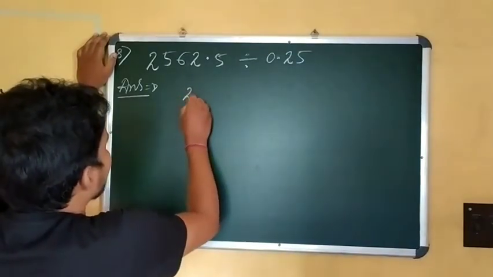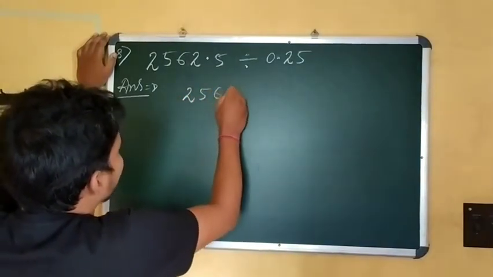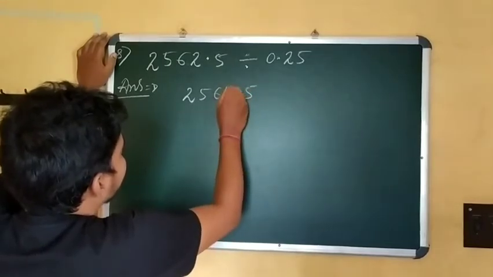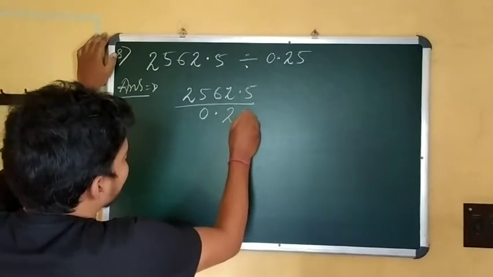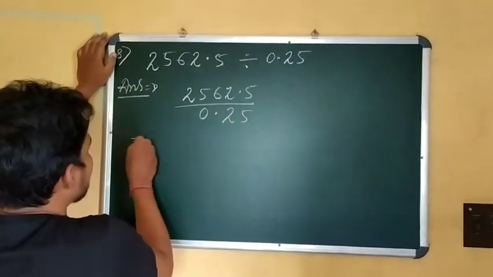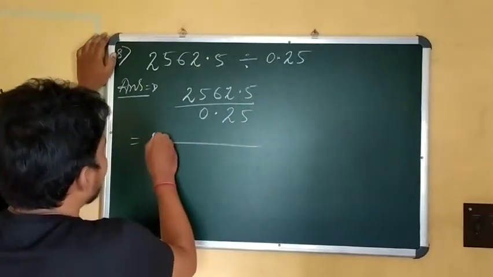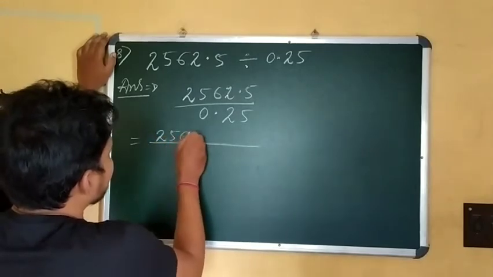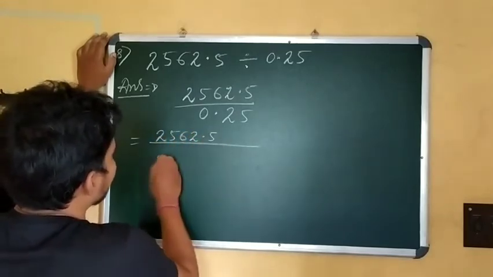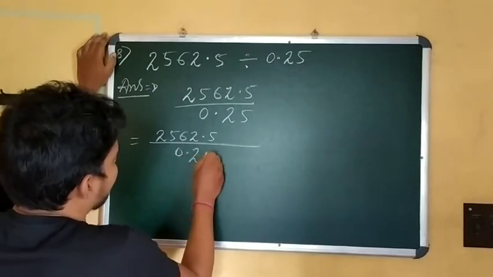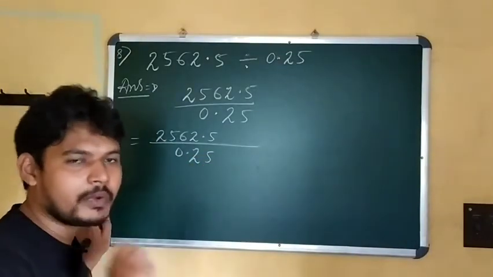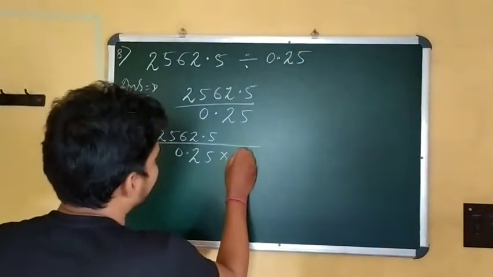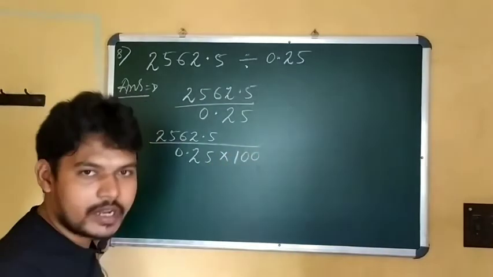So 2562.5 divided by 0.25. Then the second step, write down the same number again, 2562.5 over 0.25. We have to convert the denominator into a whole number. So you have to multiply this by 100.